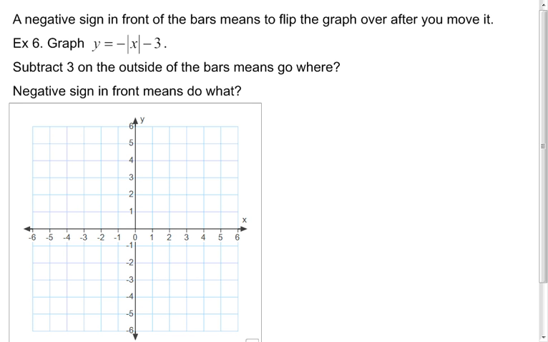A negative sign in front of the bars means flip the graph over. So negative sign means flip the graph over. So if I have this graph, y equals negative absolute value of x minus 3, subtracting 3 on the outside, we already did that. Subtracting on the outside means go down. The negative sign in front means to flip it.